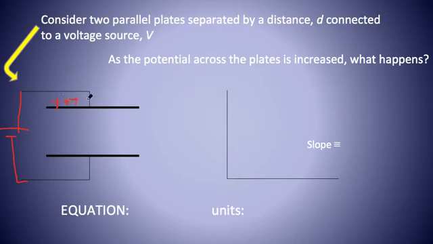Work is being done by the voltage source. And in the process, looking at it through induction, it's going to draw negatives, because of the electric field across the plates, from the negative terminal. And of course we have an electric field, and the electric field is uniform because we have parallel plates.